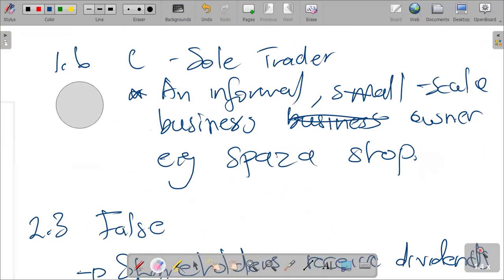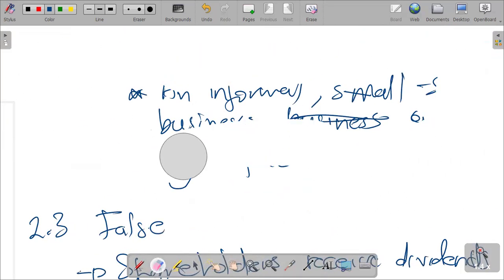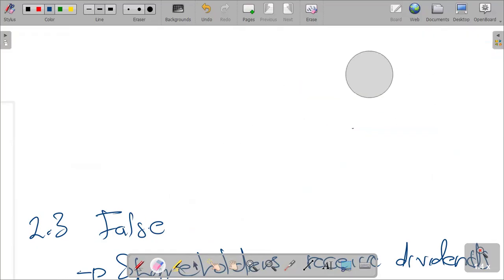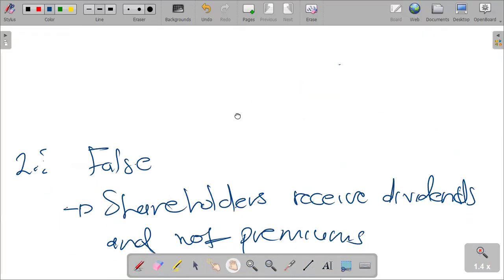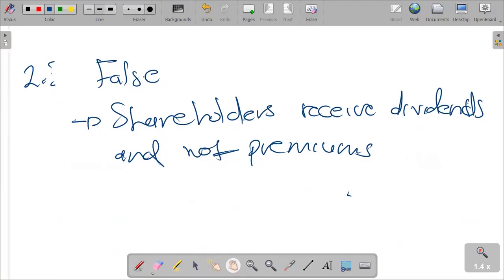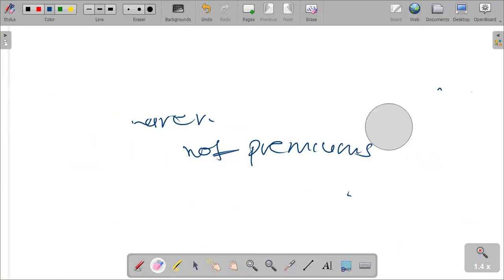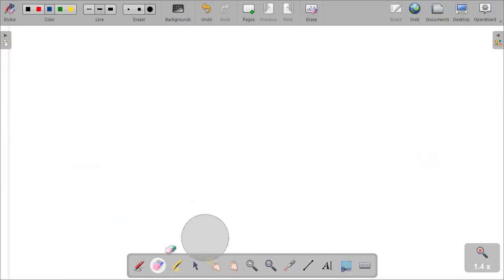So let's quickly rub off here so that we don't get confused. So yes, 2.3, just rub off quickly. And then we go to 2.4 now. It says a partnership does not pay taxes, and it is true. Why?